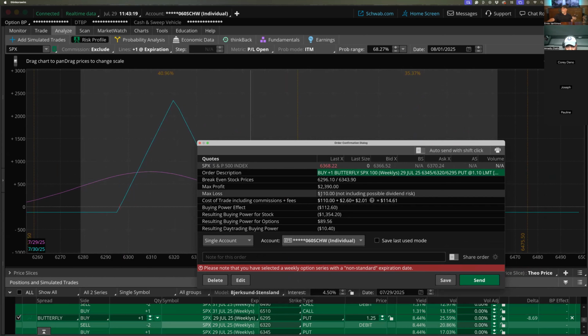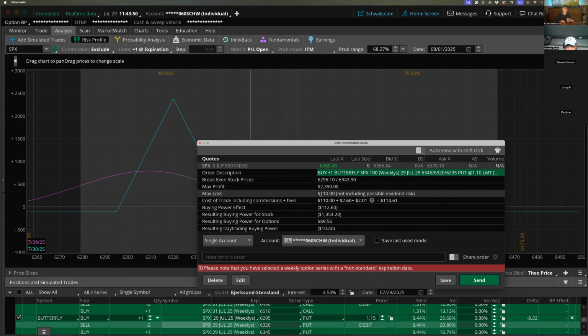We can figure it out directly by finding the max profit and dividing it by the risk. The max profit of any fly is the width, which is 25, minus the debit, in this case $1.10, minus 110, which equals 23.90. Divided by the debit, which is also the risk, divided by 110, that gives me almost 22.